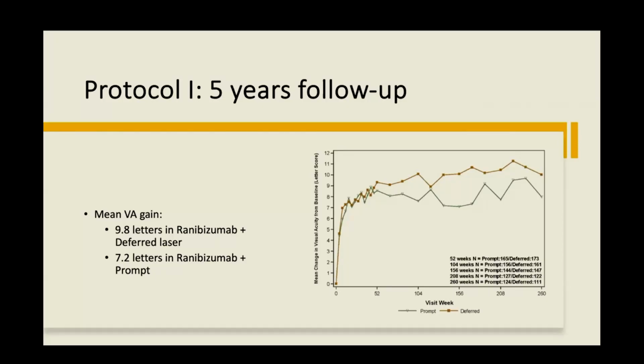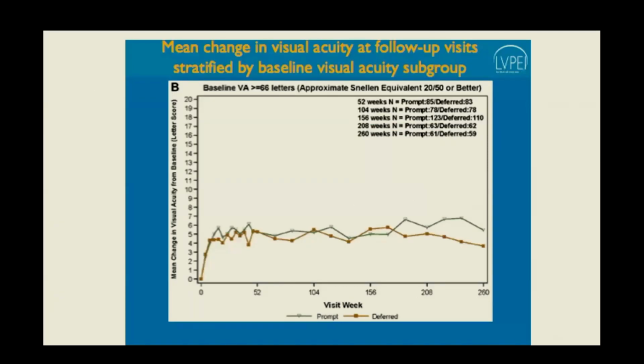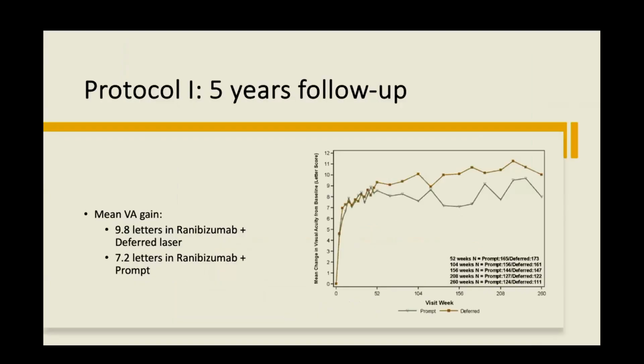And if you subdivide the eyes into eyes with better vision at baseline, those eyes which had 20/50 or better vision at baseline gained approximately 5 letters. If you see this graph, the y-axis is number of letters. So 5 letters is 1 line. In the previous slide which I showed, it showed 10 letters overall, that is 2 lines.